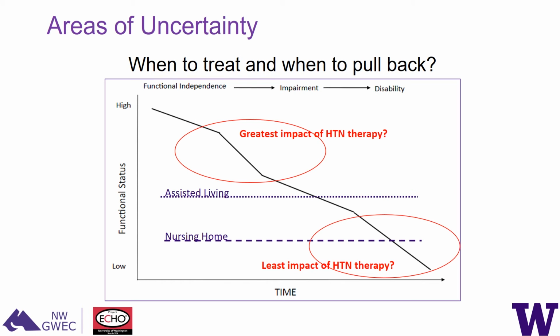But as a person becomes older and has more and greater disability, that's where we can back off on more aggressive treatment for blood pressure. That is uncertain, but at least that's recommended at this point.